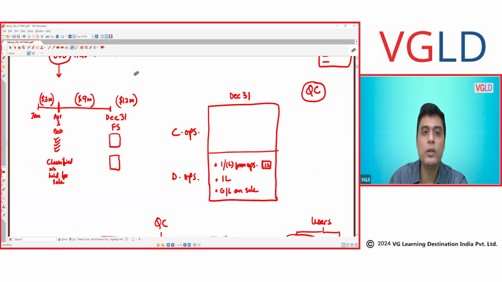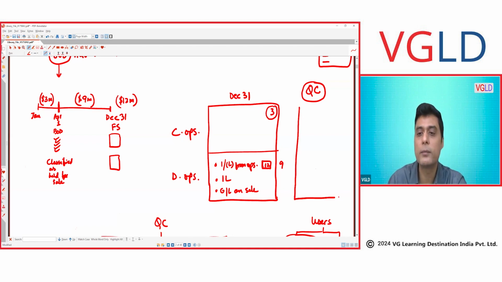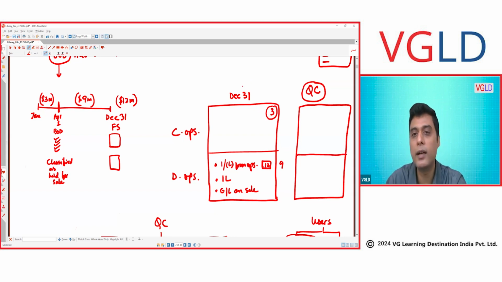The reason why we are going to show the entire year, $12 million over here, is because when the readers look at the financials and if they see 3 over here and 9 over here, they are going to think that, okay, this $3 million, next year also it will be there. Because one of the qualitative characteristics is predictive value. So by looking at the current year's financials, we are also kind of predicting the future year's financial.